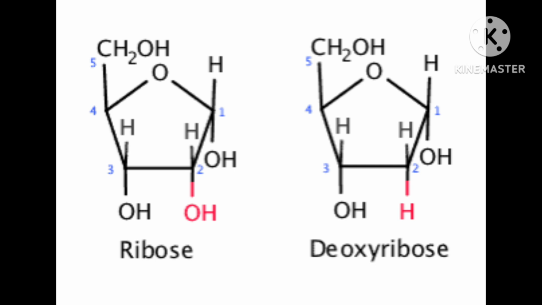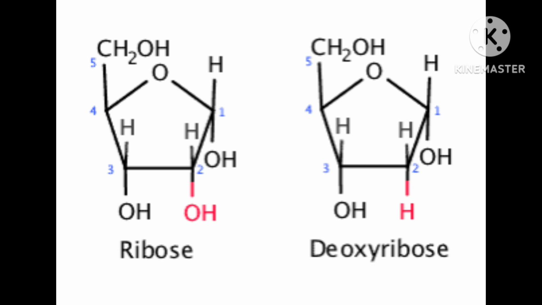Nucleic acids are long chain polymers. When nucleic acid and amino, that is protein, meet together, they form a complicated molecule that is called nucleotide.